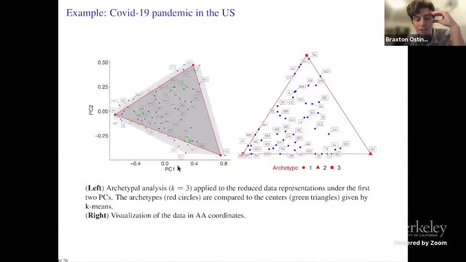But you're right, for K very small, we expect that the archetype polytope is contained in the subspace that the PCA gives you, or at least is close to it.